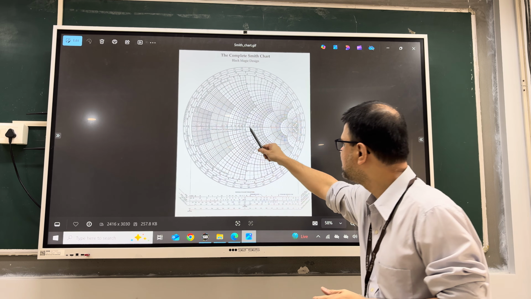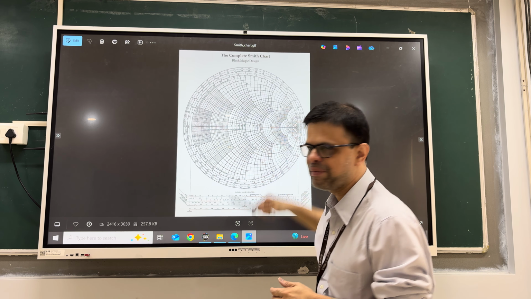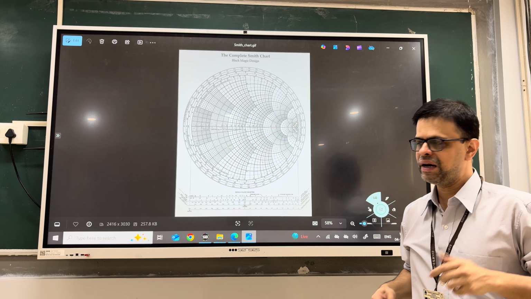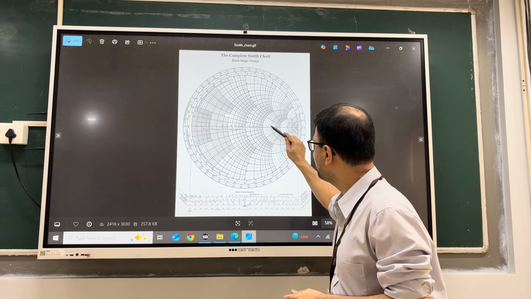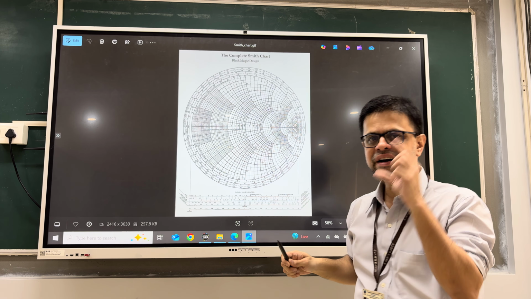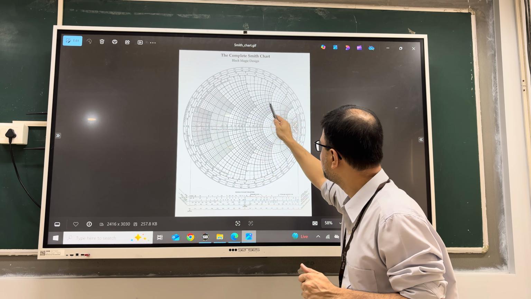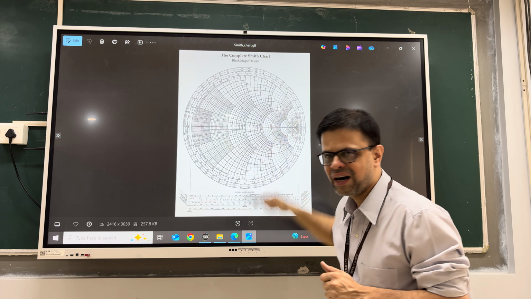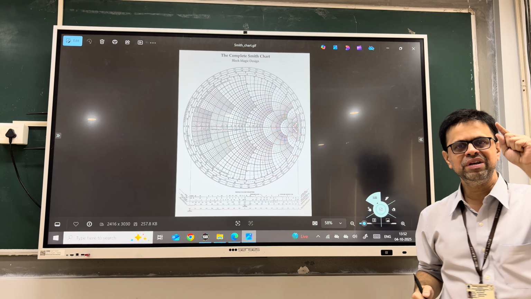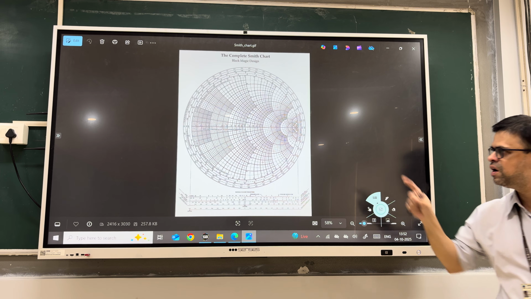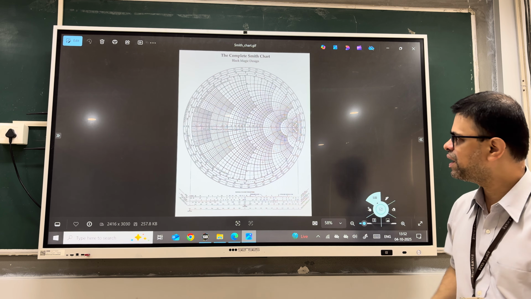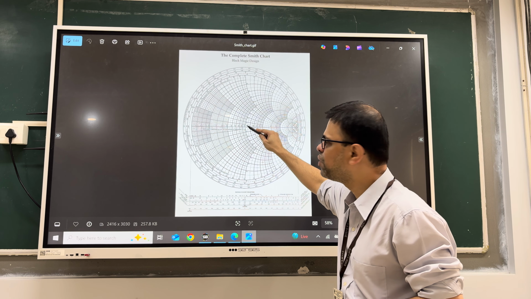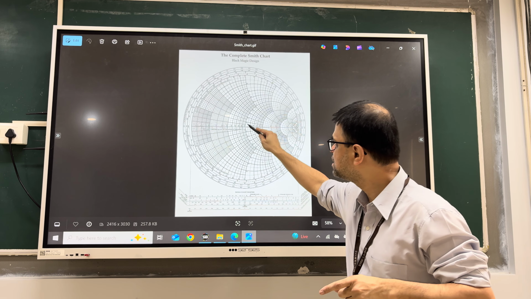So if I consider this as the real axis and this as the imaginary axis, as I have shown you earlier, then the center has shifted over here and the radius is 1 by 2. So this becomes my circle for R equal to 1 with center at 1 by 2, 0 and radius 1 by 2. That's why I have represented this as 1 in the Smith chart.